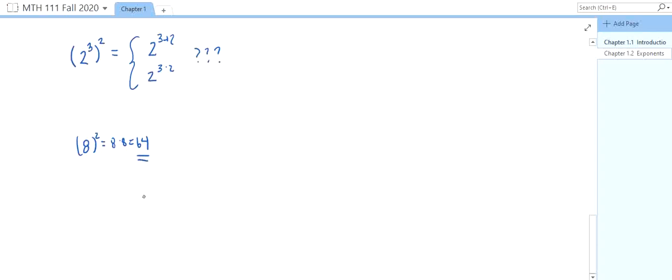It should come out to be 64. So just work it out. So you got 2 times 2 times 2 times 2 times 2 times 2 equals, looks to me like this is going to be 2 to the 6th. So it looks like this is the correct way to go.